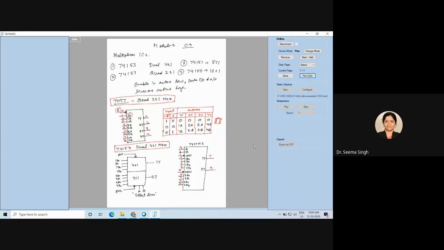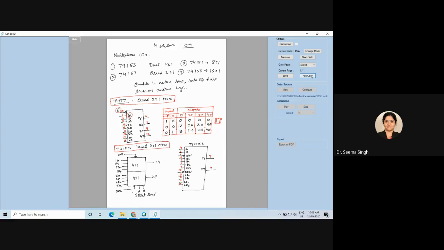And how many outputs will be there? Quickly, you should tell. Control inputs will be 4, ma'am. Yes, 1 enable, 2 enable, A and B will be your control inputs. And output will be only 2 as it is shown here.